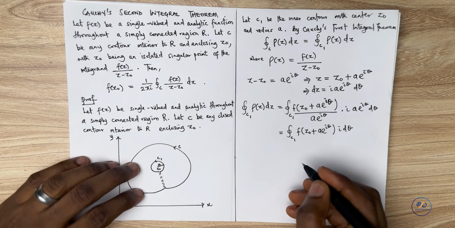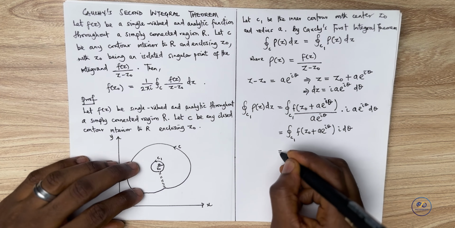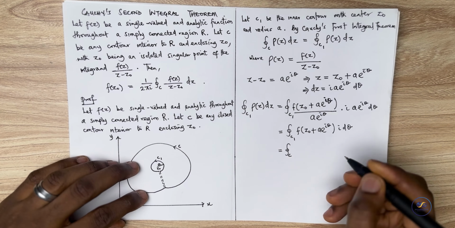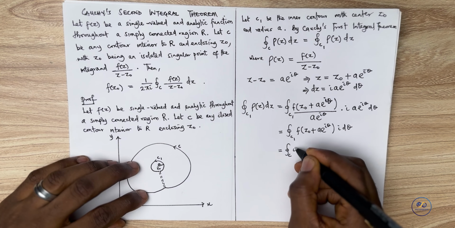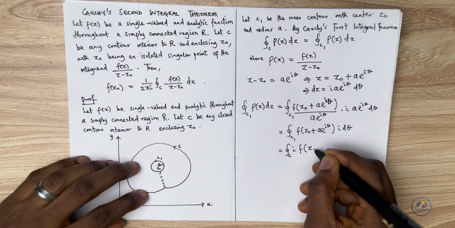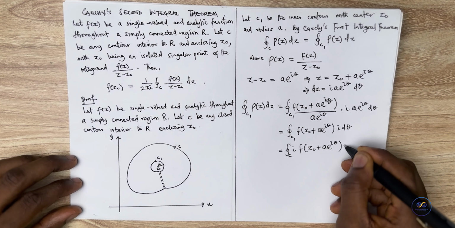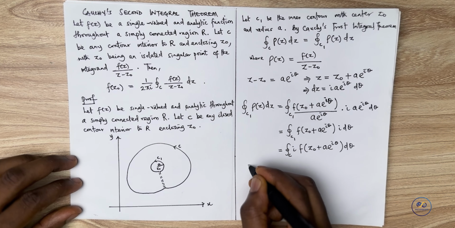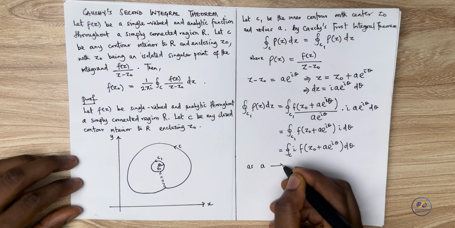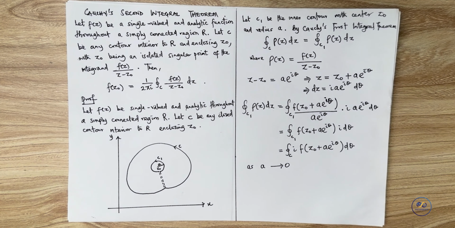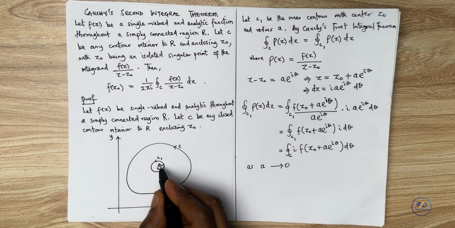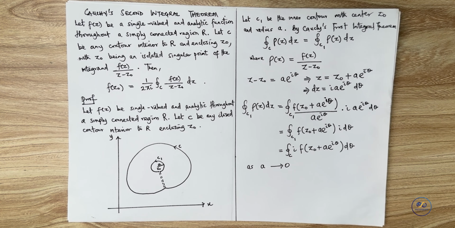Now, the very first thing we'll do is this, of course, will now become the integral over C of i f of z naught plus a e raised to power i theta d theta. Now, as a tends to 0, because a is very, very small, remember, this radius a of this inner circle is very, very small.